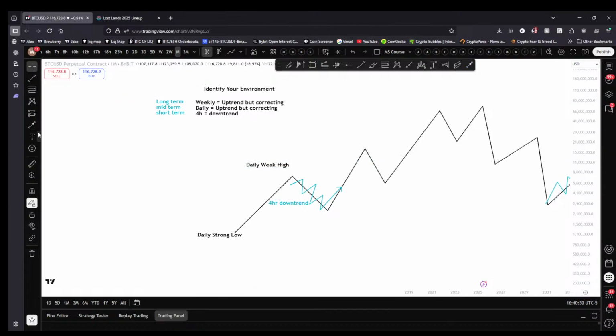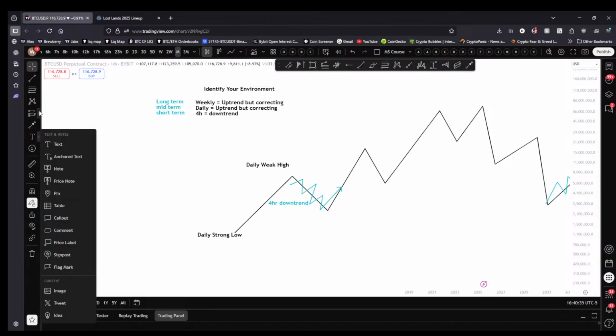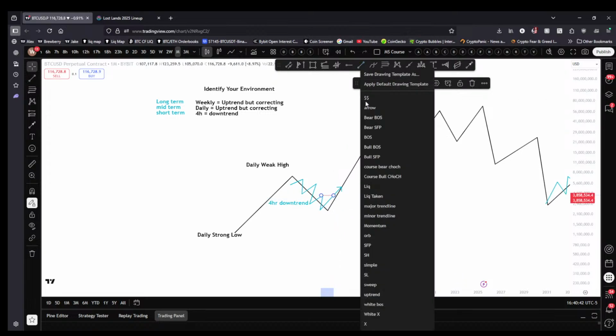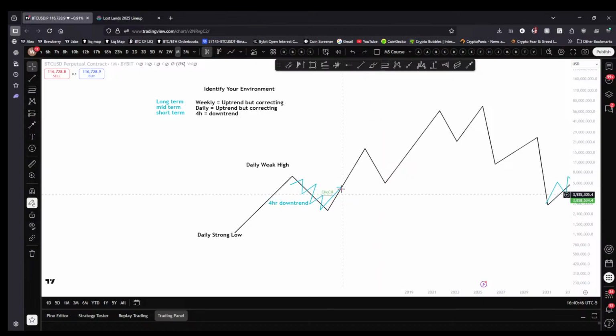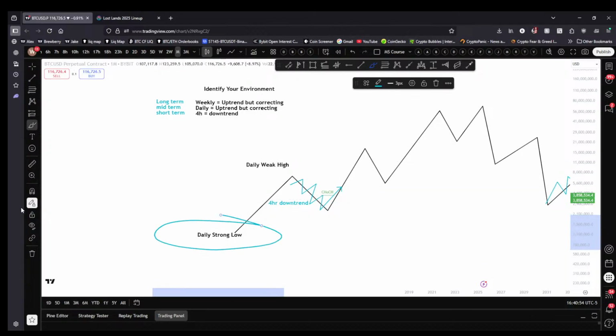By using our entry time frame to determine when there is a bullish breakout or change of character on our 4-hour time frame, we have just flipped it from needing to use our daily strong low as our stop loss to being able to use our 4-hour new strong low as a stop loss.